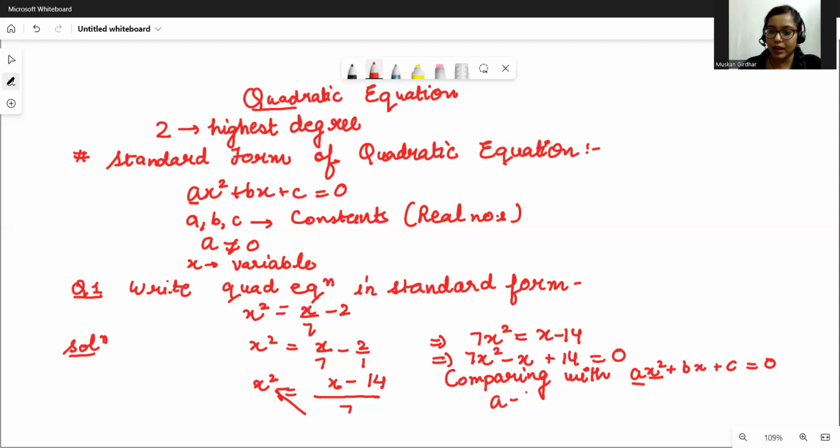So the value of a will be 7. For b, the coefficient of x is b and here it is minus 1. So our value of b is minus 1. And for c, it should be 14. Right?